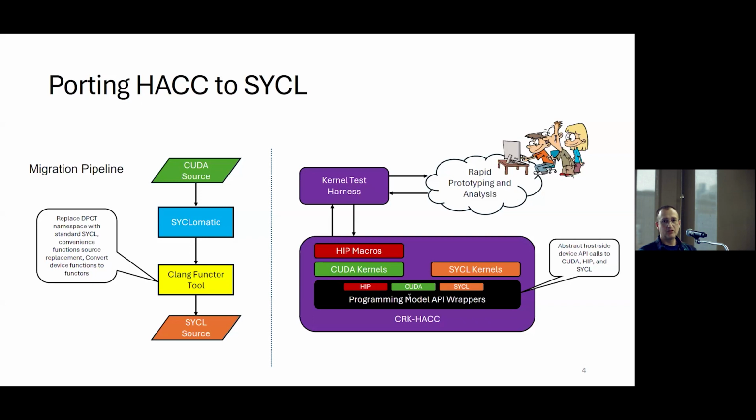Also, we would wrap any device specific things, like device memory allocation and memory transfers between host and device. So the effort here is to have a common host side code for CUDA, HIP, and SYCL that doesn't change. And so all of our effort was really in porting the kernels themselves.